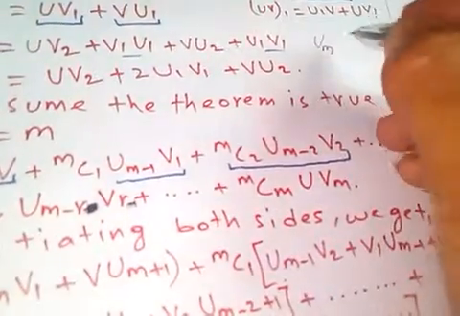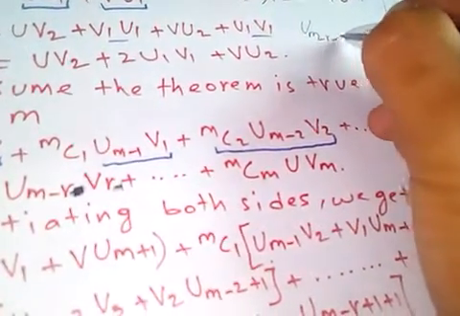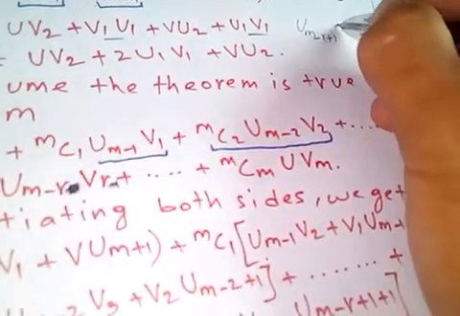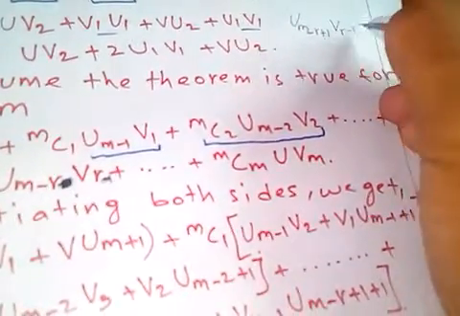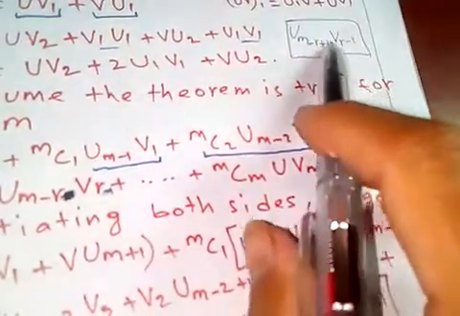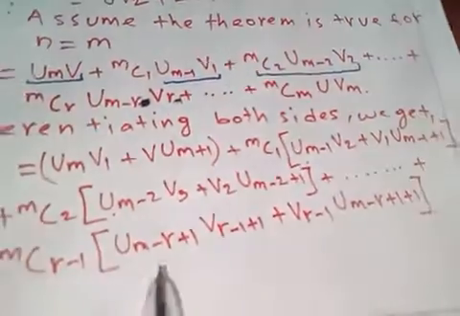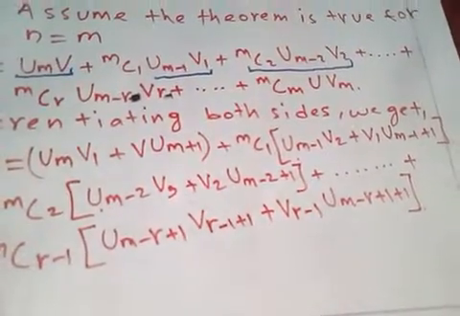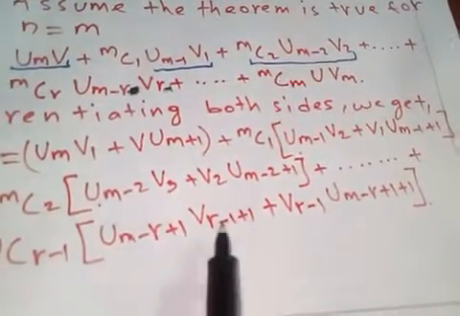Before this one, m minus r plus 1, v_(r-1). If you take the derivative of this one, we get this, and all these are suffixes.